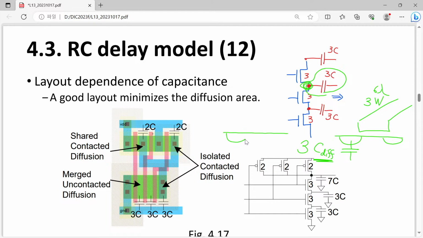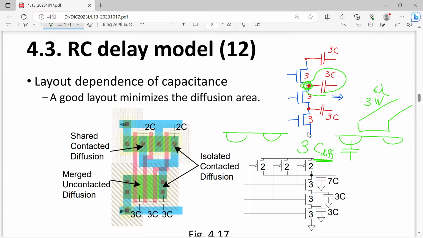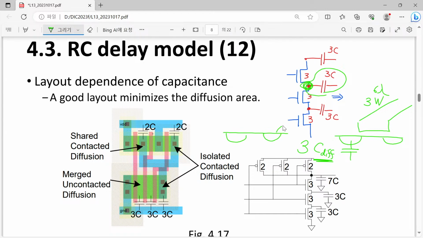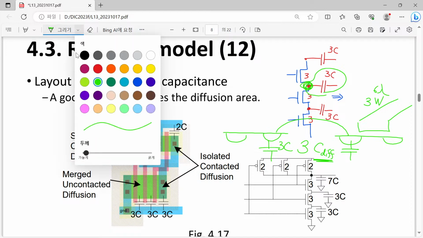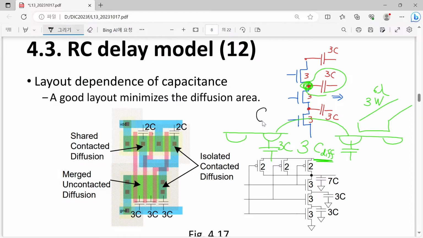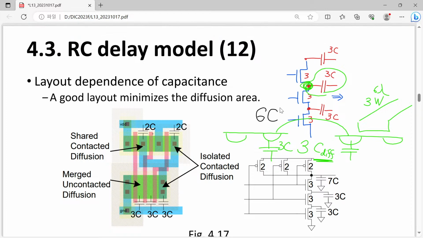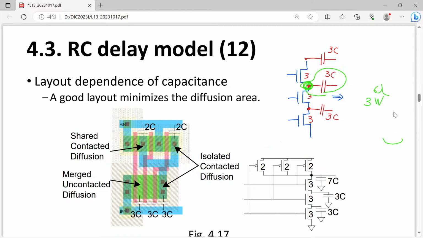If we have another transistor here sharing this node, then each of them will contribute 3C, 3C. Since they are in parallel, if we think naively, we can estimate that there will be 6 times C originating from our 2 transistors. Are you with me? So it is one question by our student.